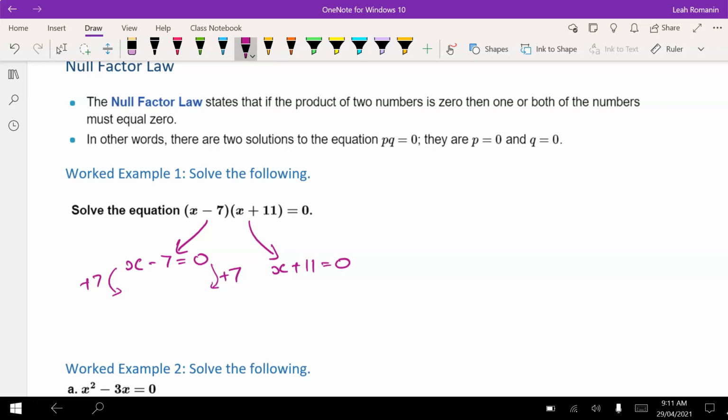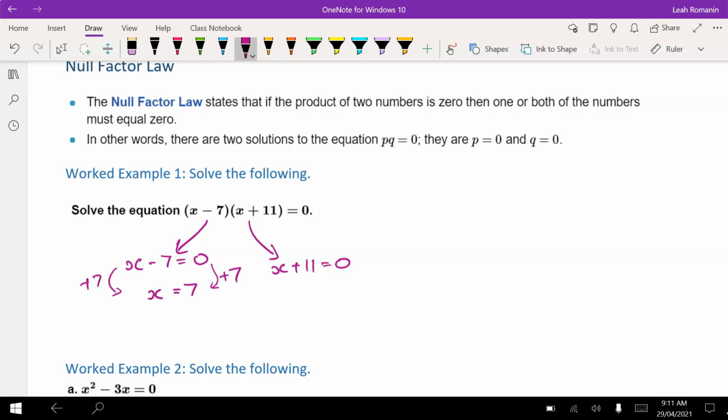So I'm plussing 7 to both sides, which means the plus 7 and the minus 7 are going to cancel out, and I'm just going to be left with x on the left side. 0 plus 7 is just 7. So that means one of my solutions for this equation is x equals 7.